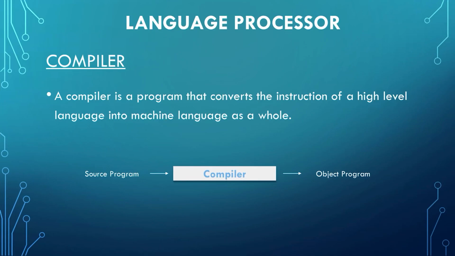Now they will be converted into low level language or machine language. So I provided a source file to the compiler, and a compiler converted that whole file into object program.